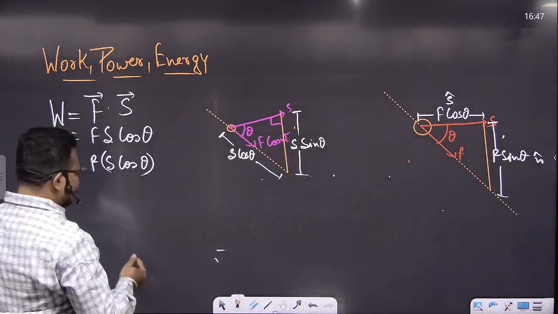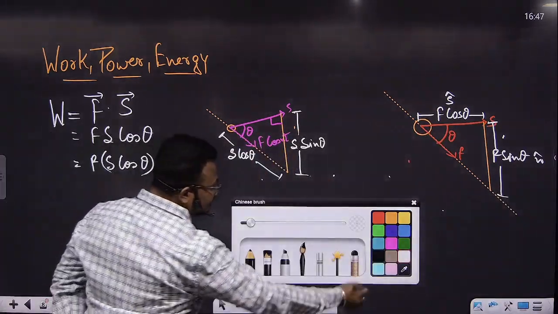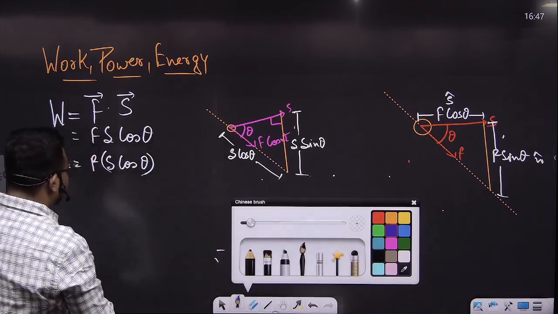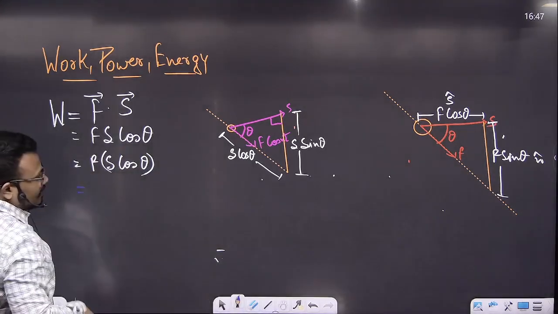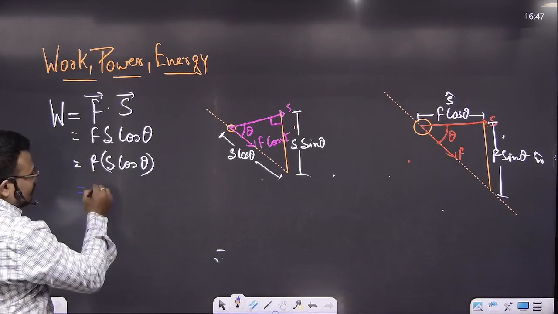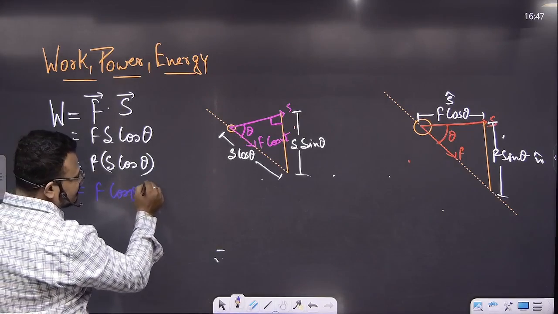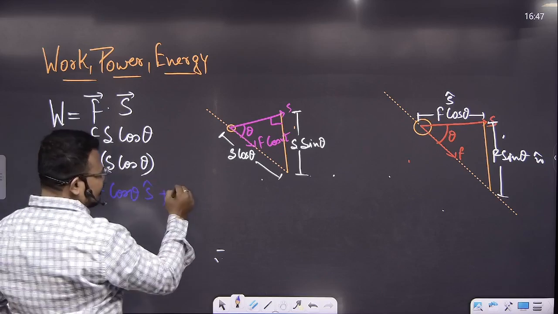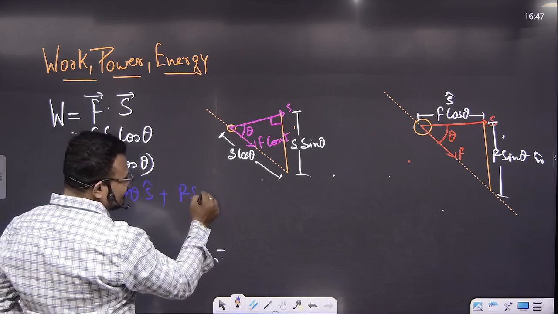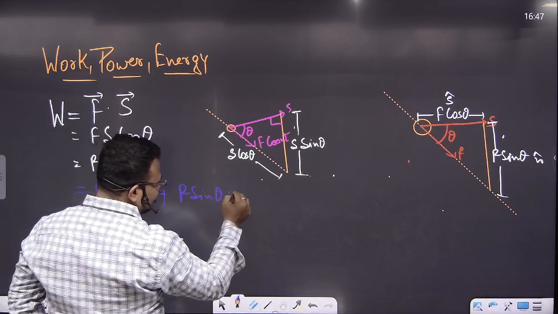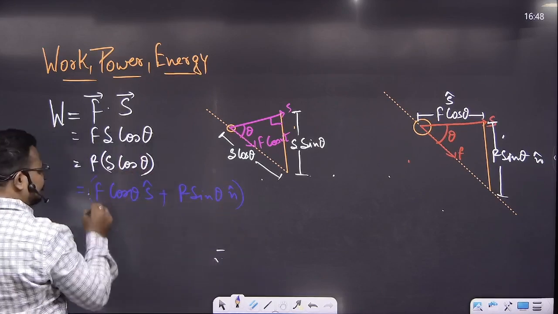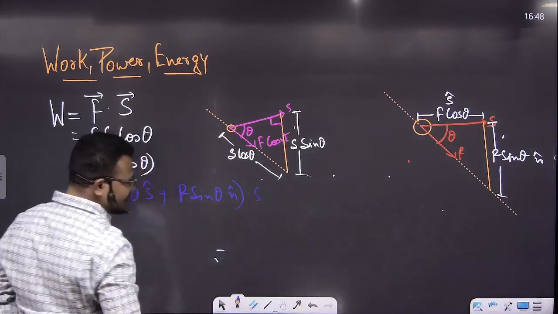So now what do we write here? F cos theta in the S unit vector plus F sin theta in the null vector, dot S.